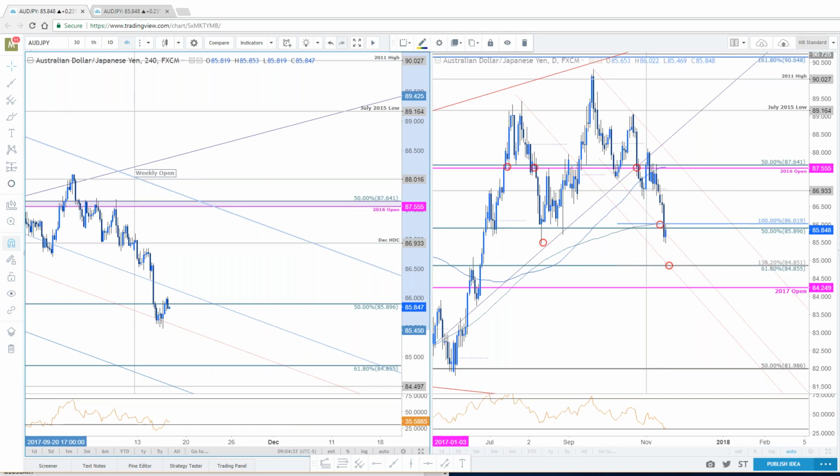Questions on Aussie Yen. I have 85.08 as a horizontal support level ahead of that Aussie Yen. What level is that now? 85.08.